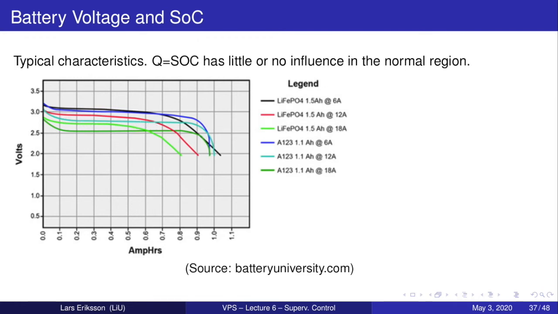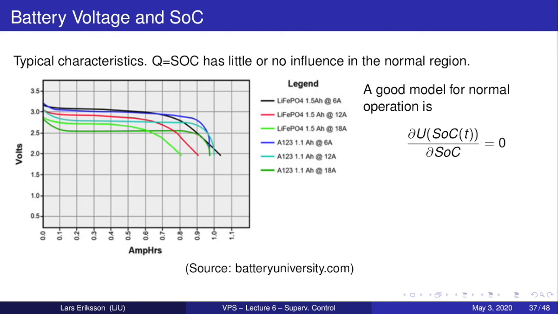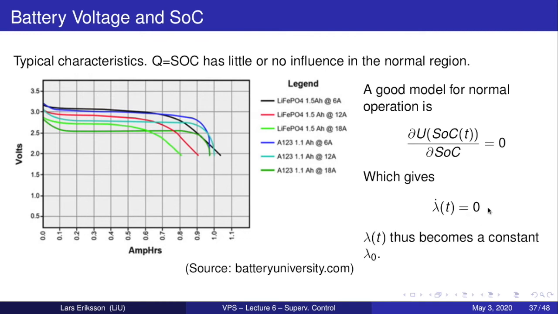So that says that a good model for normal operation is that this derivative does not depend on the state of charge, which gives us that the time derivative of our co-state is 0, which finally means that our lambda becomes a constant. So we can replace the entire differential equation for it, and we know that the differential equation is this, and we can replace everything with this constant lambda 0.